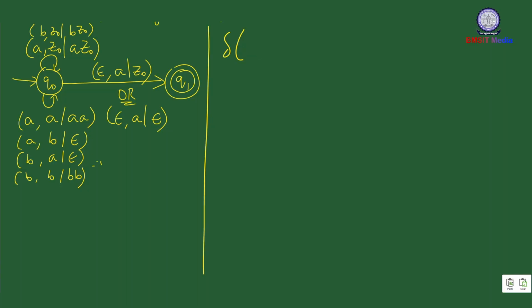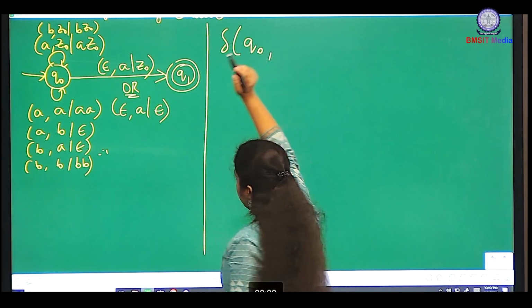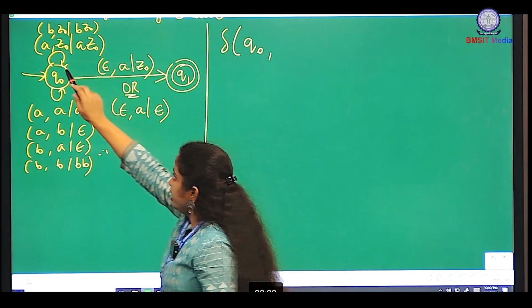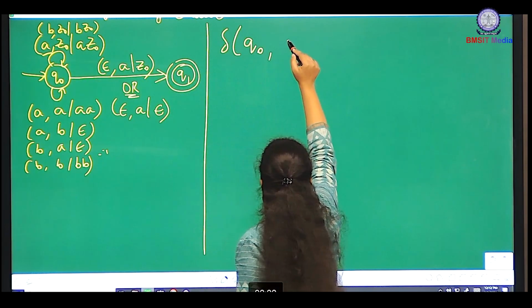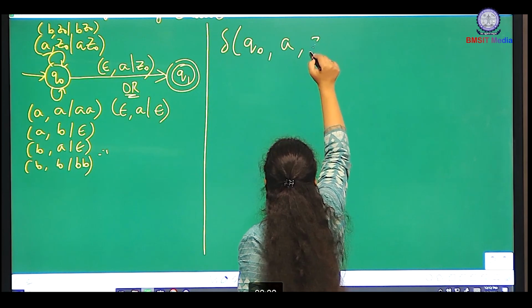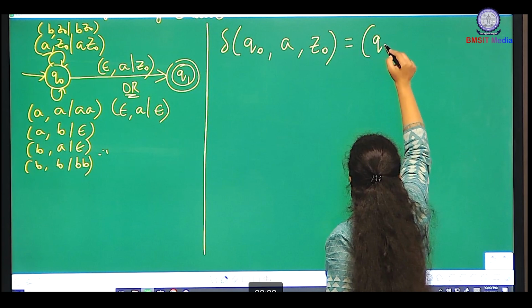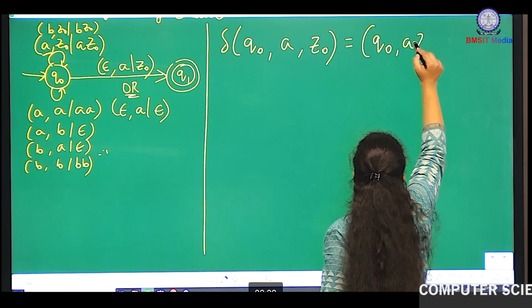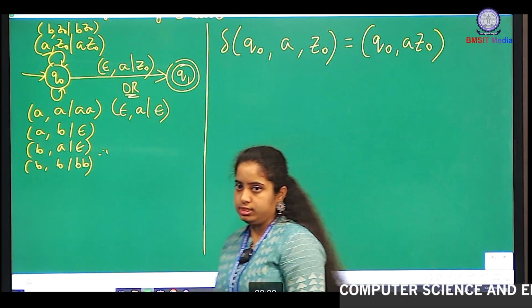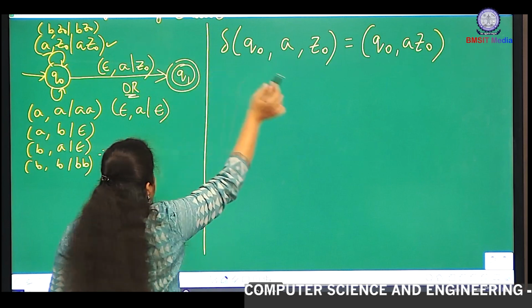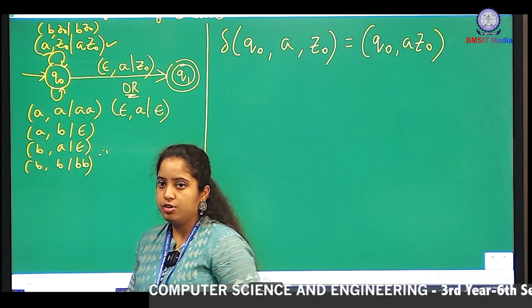So, delta Q naught, upon A as the input symbol and Z0 as the stack symbol. What do you do? You stay in the same state and push A to the stack. So, for this transition, we have written the transition function.